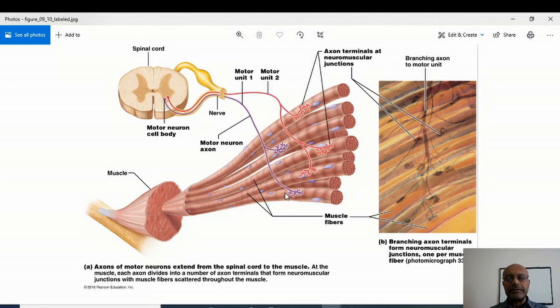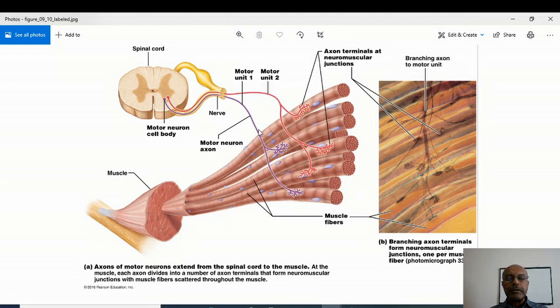Even if you don't understand why we have more dexterity on our hand than on our feet, all you need to know about motor unit is one nerve and the muscle cells to which that nerve is attached.